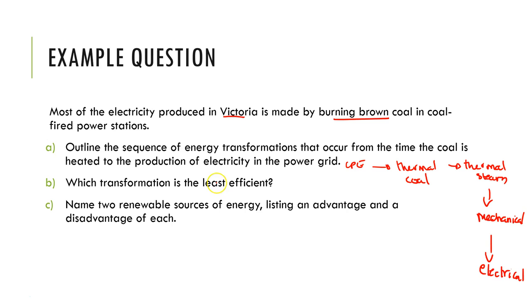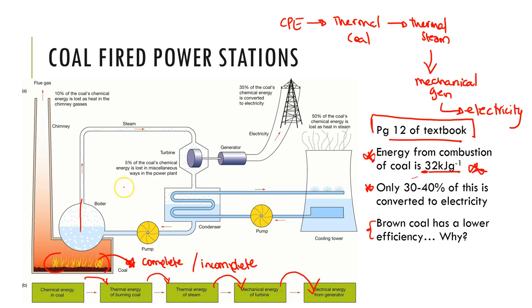So which transformation is the least efficient? If we think about these transformations, we know we can lose a lot of heat energy, but if this is nice and insulated, which it usually is, we will retain a large amount of the heat through both of these systems because they'll be isolated.